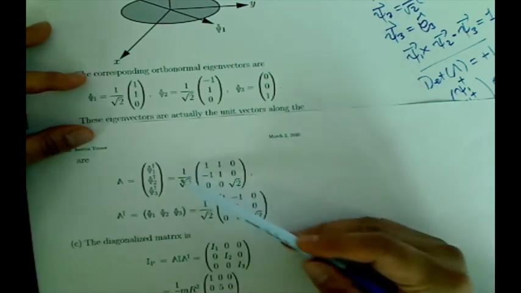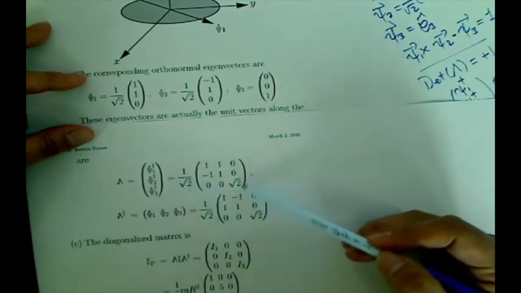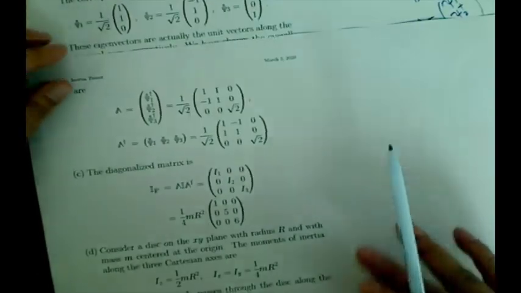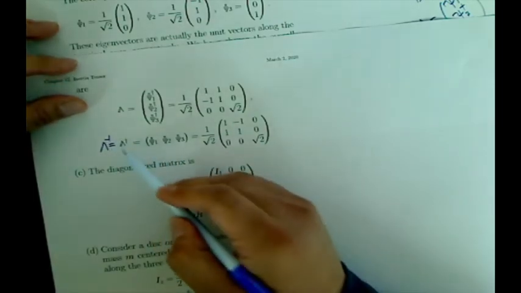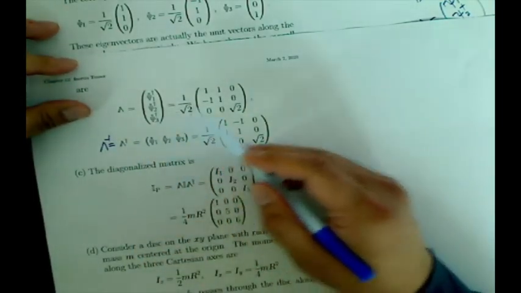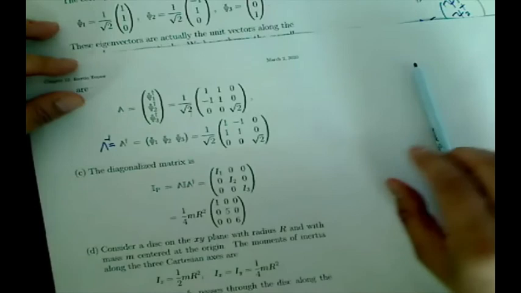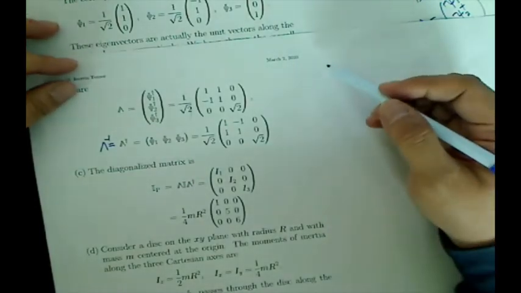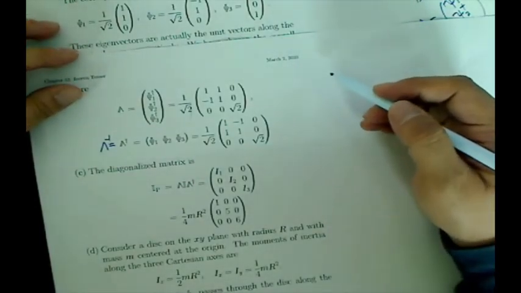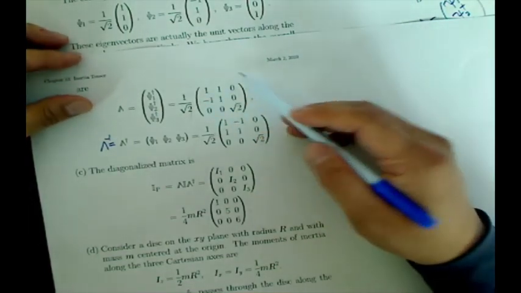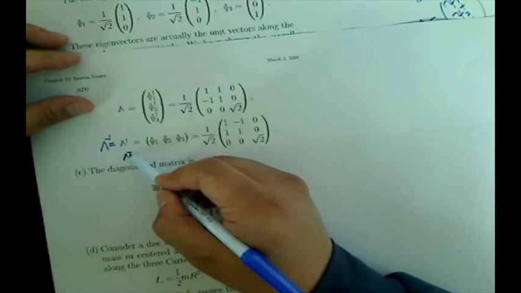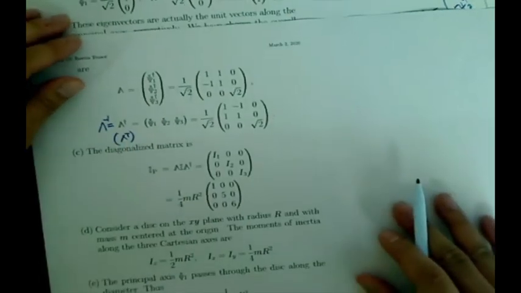And lambda inverse, the lambda dagger, will be obtained by flipping the row and column indices and then taking the complex conjugate. Because they are real, it is just equal to the transpose of that matrix.